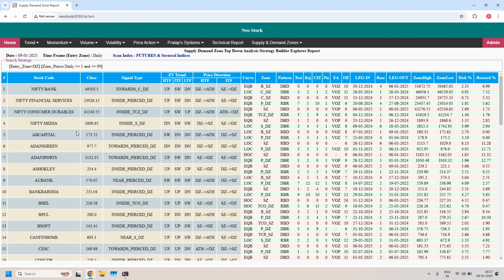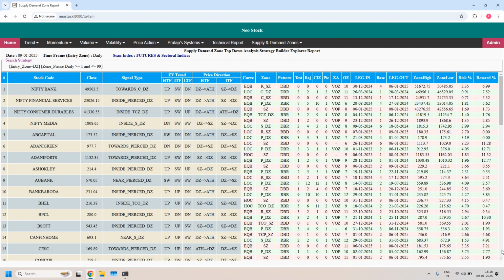Okay, for your reference, including BANKNIFTY Bank, 2 times it pierced. It was a high liquidity zone. So currently it is moving between a high liquidity supply zone and a high liquidity pierced demand zone.